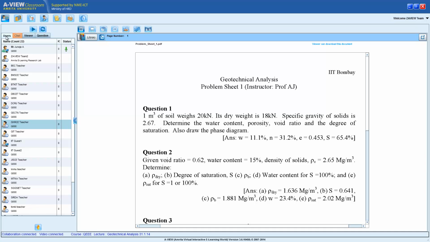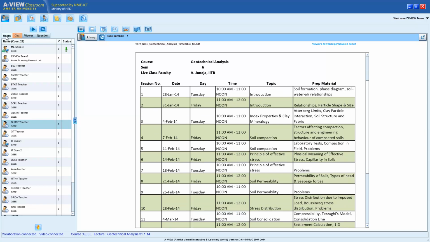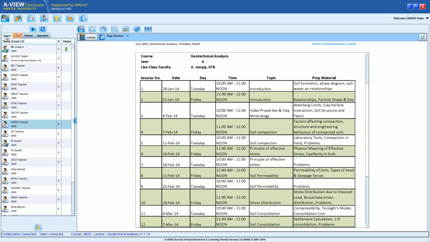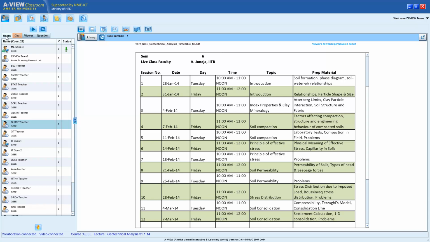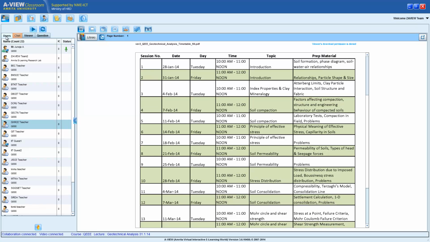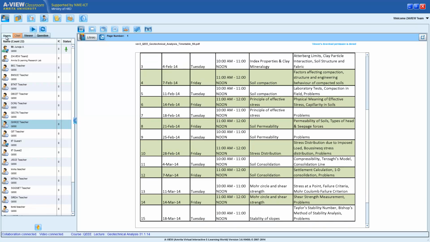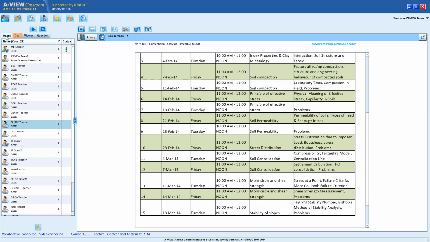So this morning I sat down and took a serious look at the topics for which suggestions came in. The topics which were added are consolidation, effective stress, permeability, and shear strength. And I think someone suggested slopes as well.